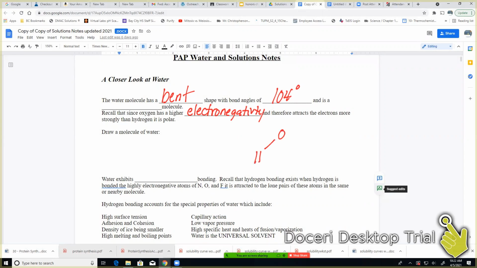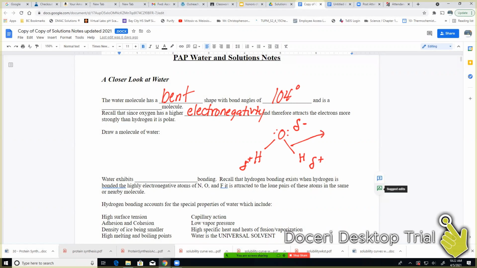So we've already drawn our molecule. 2 lone pairs. It's a polar molecule, so that means it has a slightly negative side. That's a funny looking S that means a dipole, and a slightly positive side. The electrons have been pulled away from the hydrogen, so that's why they are positive, and they've been pulled toward the oxygen, so that's why it's negative.